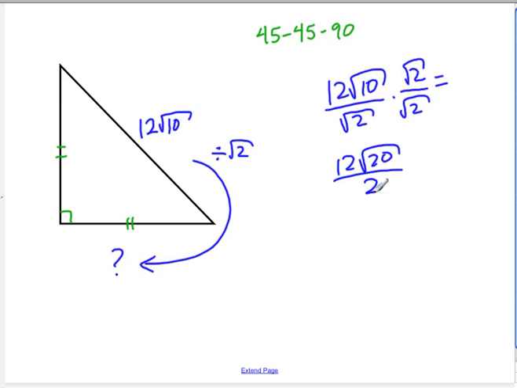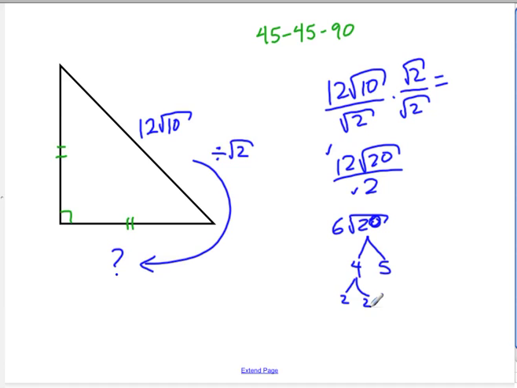And I'm going to go ahead and reduce right now. 12 and 2 reduces to 6 times the square root of 20. 20 is 4 times 5. 4 is 2 and 2.